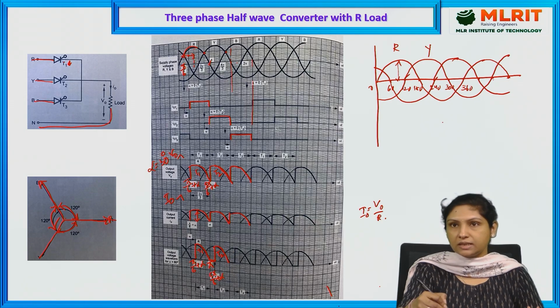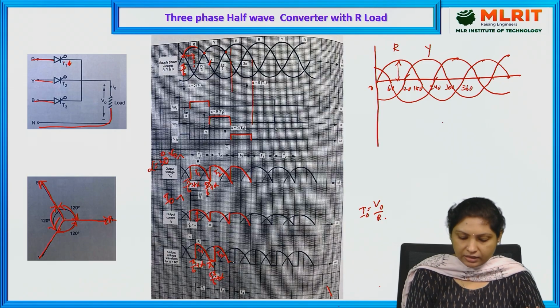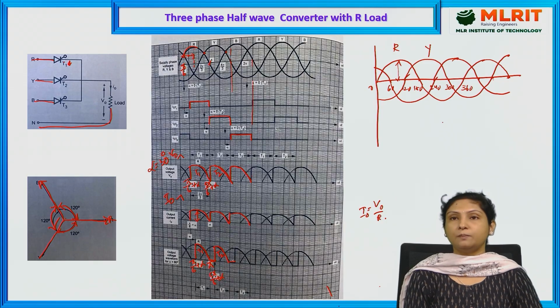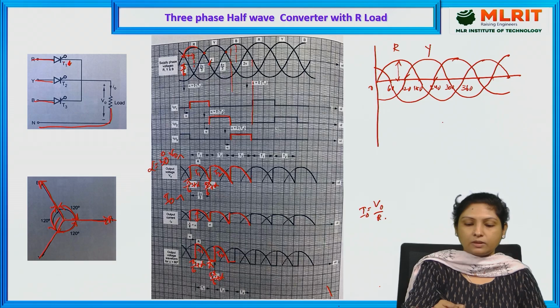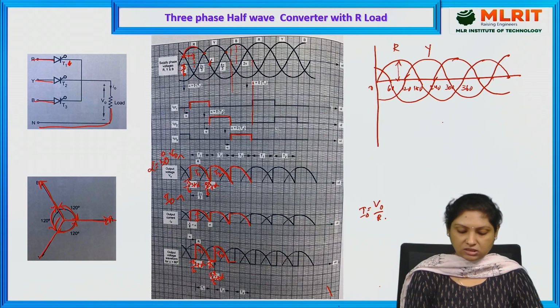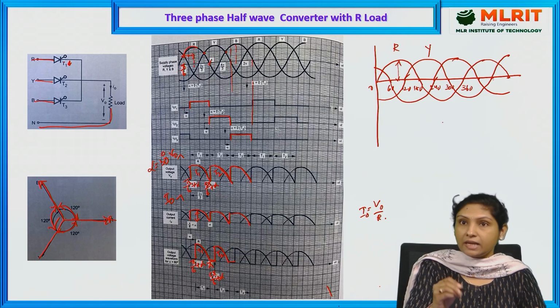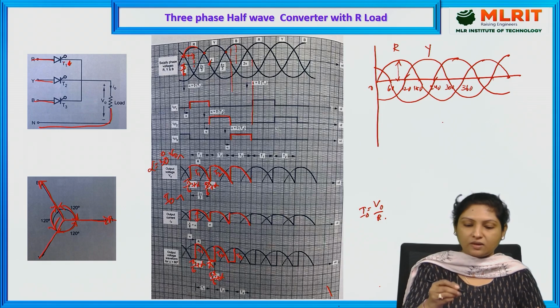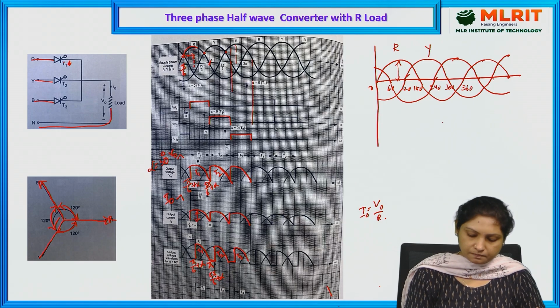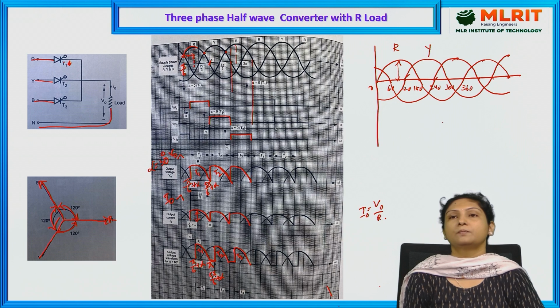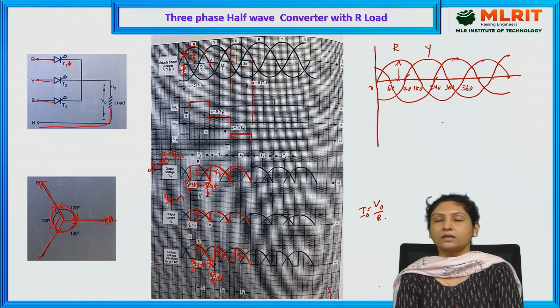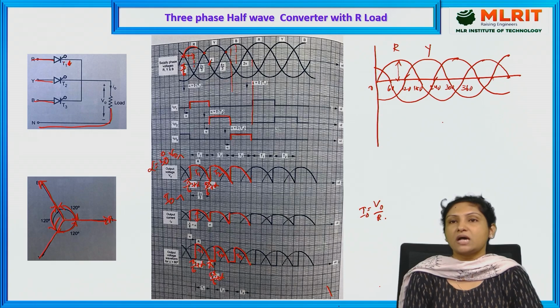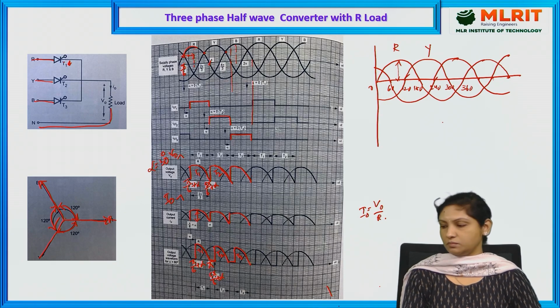Once it turns negative, T2 is turned off, and again here B phase is appearing, and at this instant called pi by 6 plus alpha, alpha is equal to 60 degrees, that is on scale 90 degrees, thyristor 3 starts conducting because of the B phase polarity. And this is how the thyristors conduct, and we get the output voltage as well as output current waveforms.